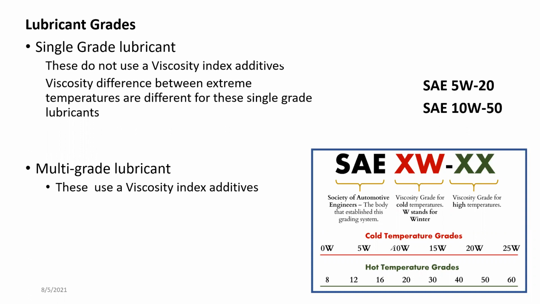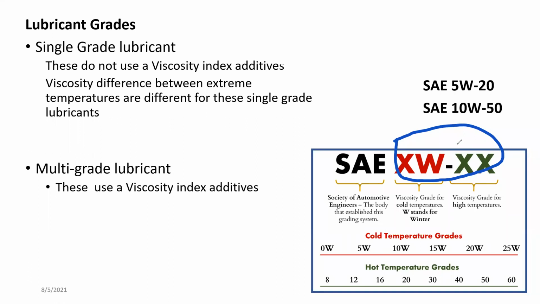The notation of multi-grade lubrication is the one shown here. In the red color, it's given the cold temperature grade, and in the green color, the hot temperature grade. So each lubricant has these two grades. It can maintain these two grades at low temperature and high temperature.